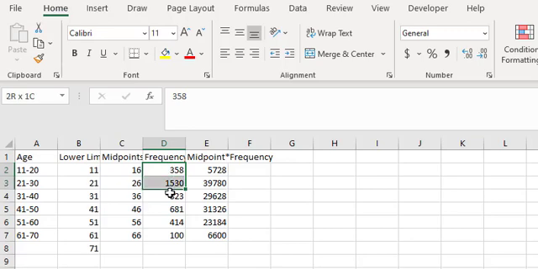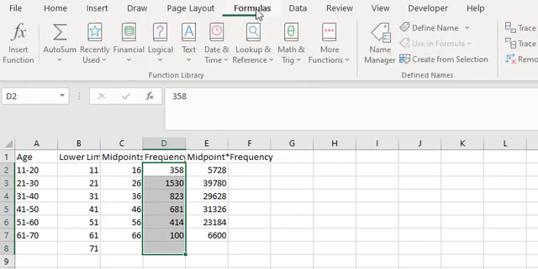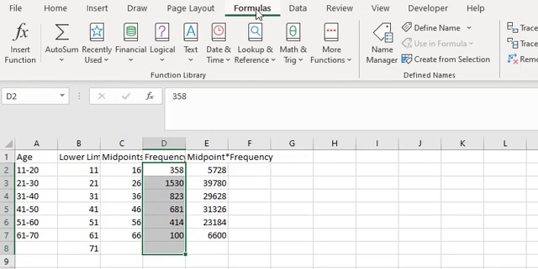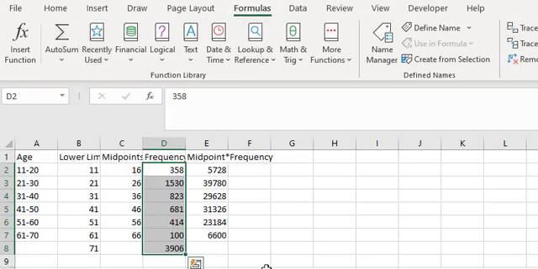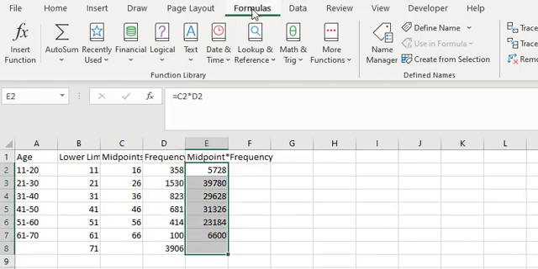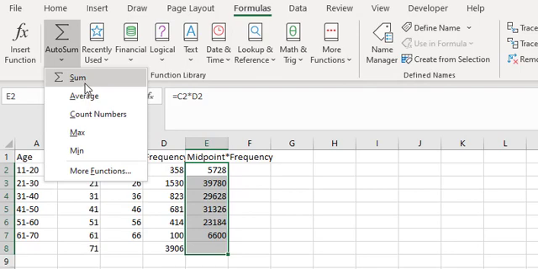So now find the sum of the frequency, that means total frequency. So I highlighted that, then cursor on formula, then auto sum. Then I'm going to find the sum of these. So again do the same procedure, sum.